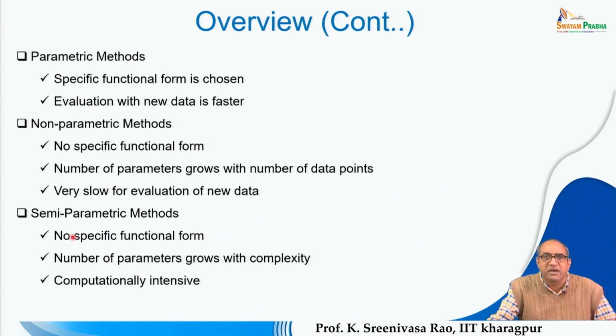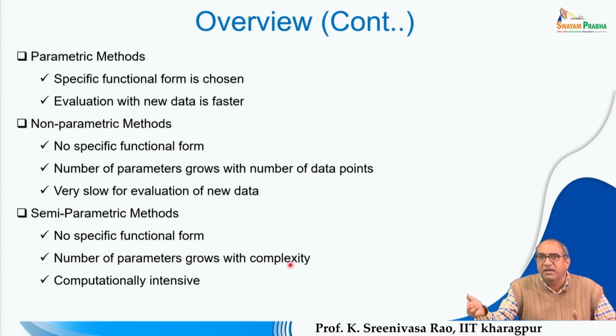And in the case of semi-parametric approaches, as I mentioned, we take the advantages of both. That means here we do not assume any specific functional form, but at the same time we try to consider some functions in multiple components, so that the number of parameters grows with the complexity.